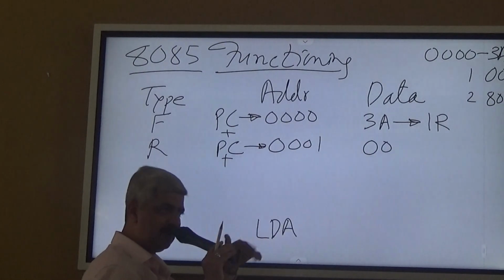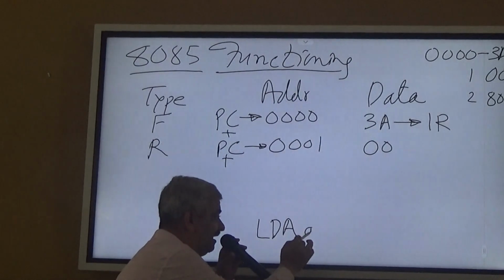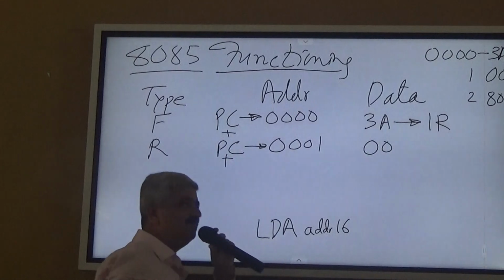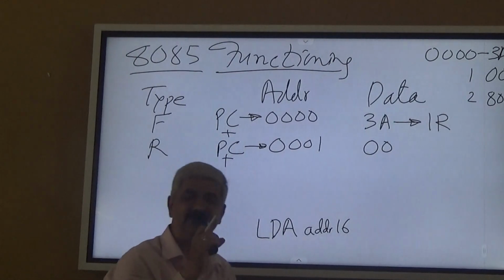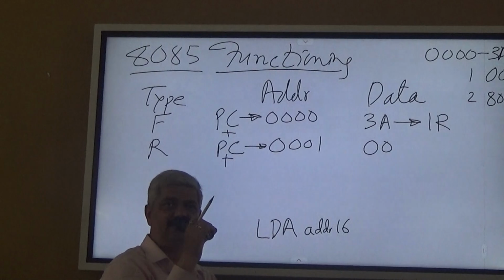So that automatically one gets acquainted with it. And then LDA address 16 is the format of the instruction, meaning it's a 3-byte instruction with lower and higher byte specified in the instruction after the opcode.